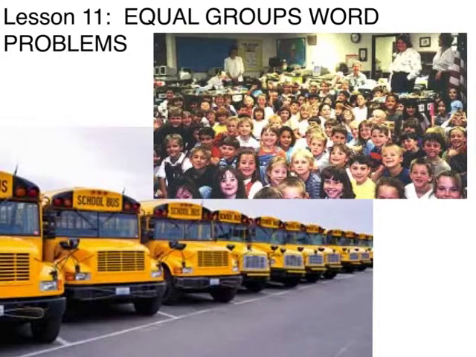Let's see, 1, 2, 3, 4, 5, 6, 7, 8, 9, 10. There's only 10 in our picture, barely, but let's pretend there are 12, and on each one I can put 42 students. Alright, now it says how many students can ride to the game.